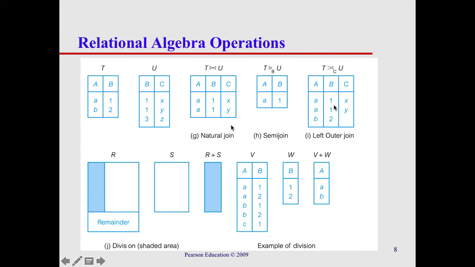In an outer join, in this case a left outer join, all the tuples from the left relation appear in the result, even if they don't match a row in the right relation. And any tuple in the left relation that does not match will have nulls for the corresponding columns in the right relation.